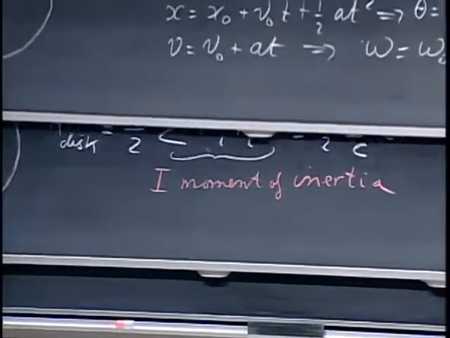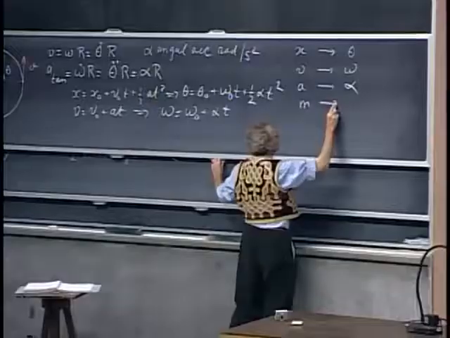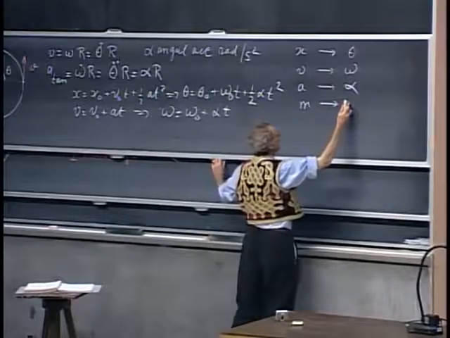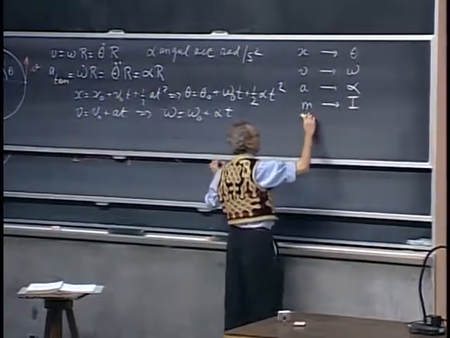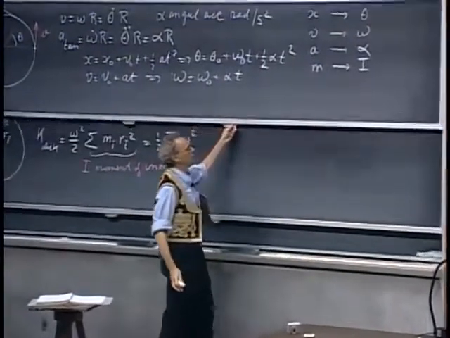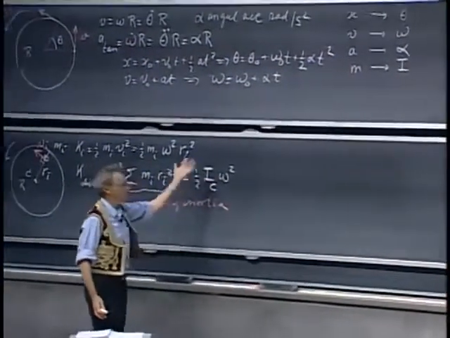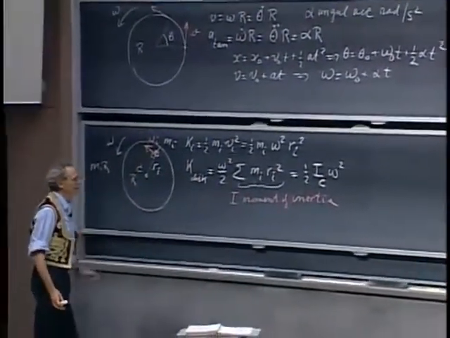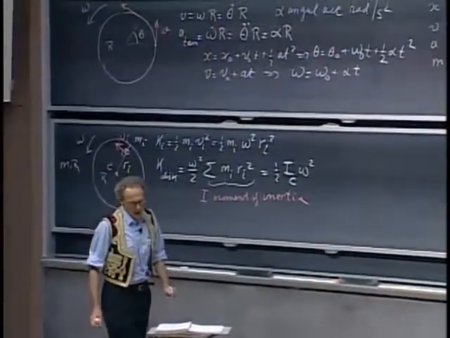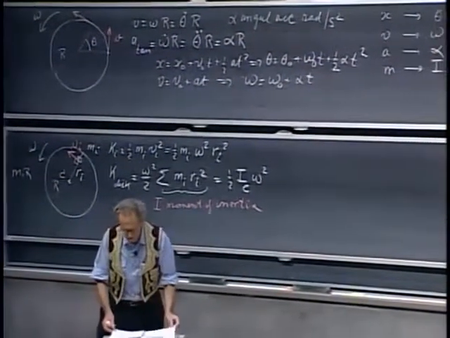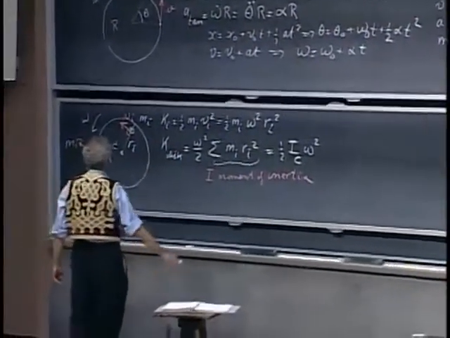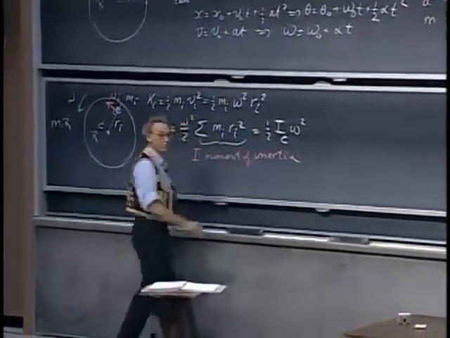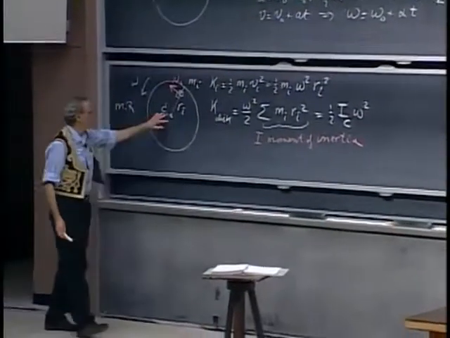And so I add to this list now, if you go from linear motions to rotational motions, you should change the mass in your linear motion to the moment of inertia in your rotational motion, and then you get back to your 1/2 mv squared. You can see that. So we now have a way of calculating the kinetic energy of rotation, provided that we know how to calculate the moment of inertia. Well, the moment of inertia is a boring job.